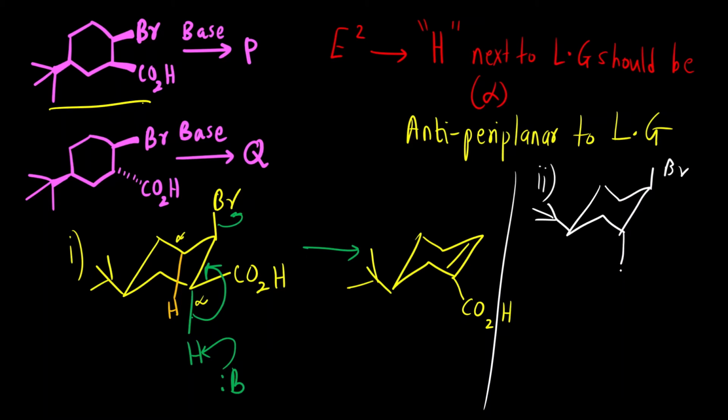Here CO2H is below the plane. So now the only position left is this one. The base will abstract this proton, and what will we get?